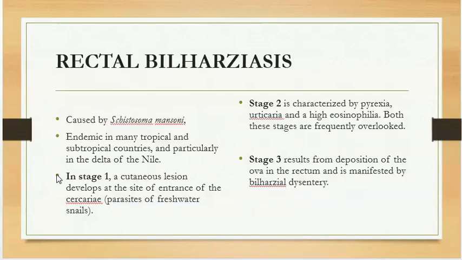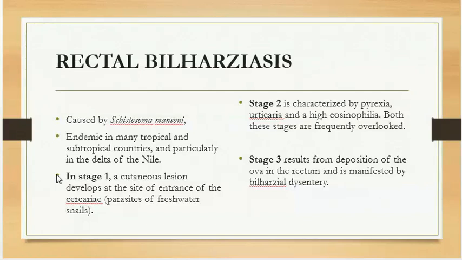Stage 2 is characterized by pyrexia, urticaria, and a high eosinophilia; both these stages are frequently overlooked. So it is the third stage, which results from the deposition of the ova in the rectum, and it is manifested by bilharzial dysentery.